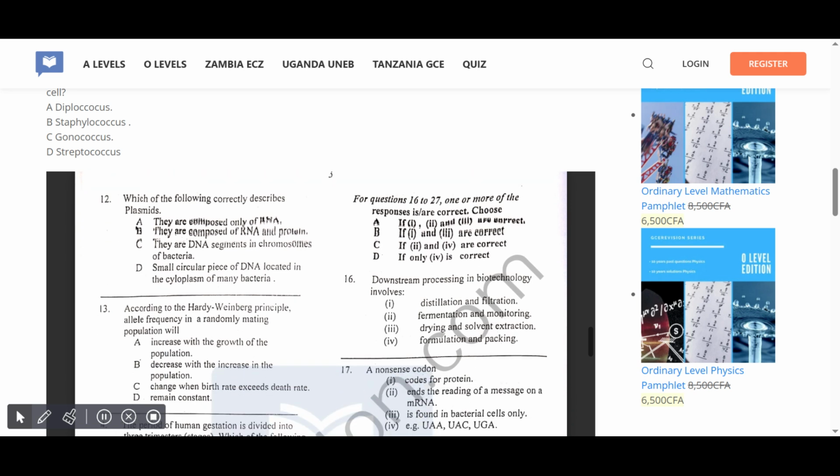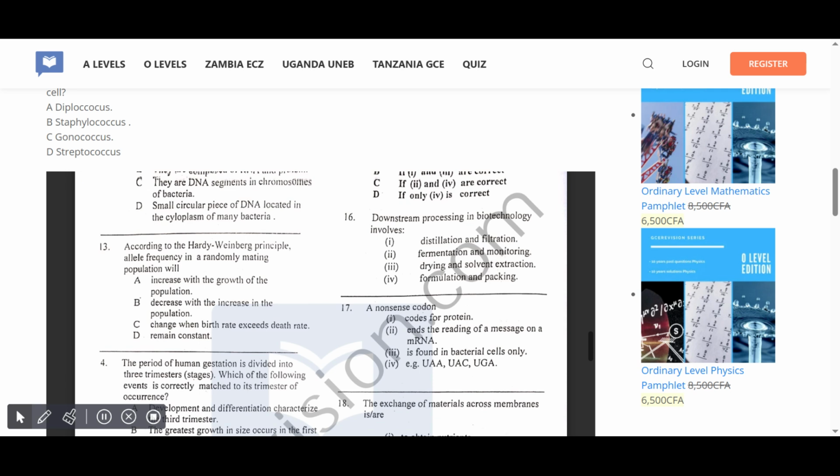Question 13. According to Hardy-Weinberg principle, allele frequency in a randomly mating population will. The answer is B. Decrease with the increase in the population.